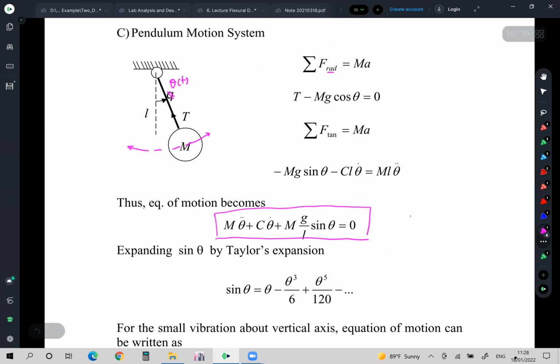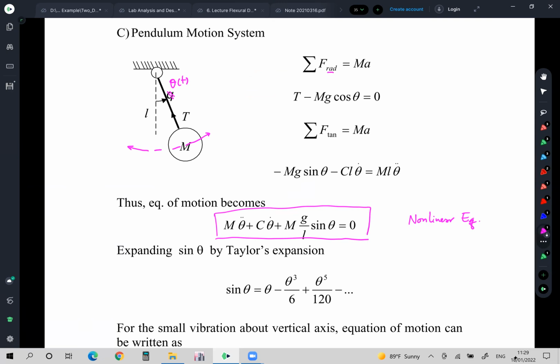And believe me, this one is not easy to solve. It's a nonlinear equation. When it becomes a nonlinear equation, it's very difficult to solve. Many times we do the linear analysis only.